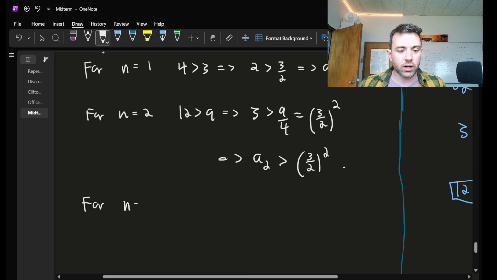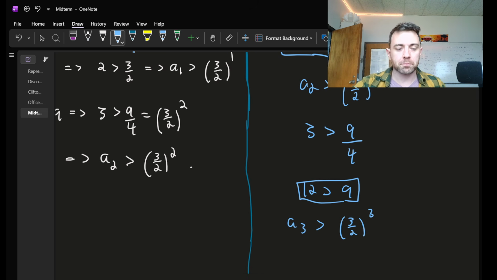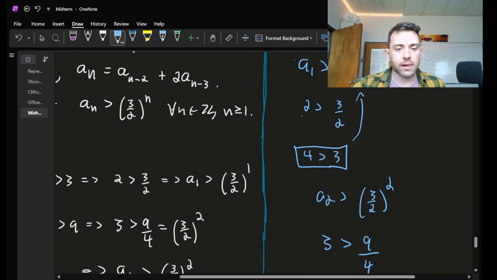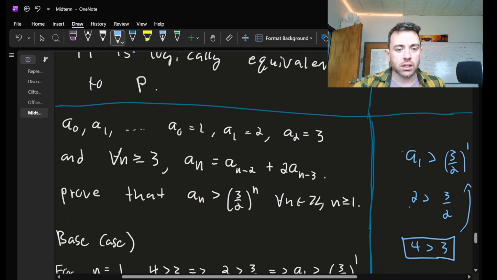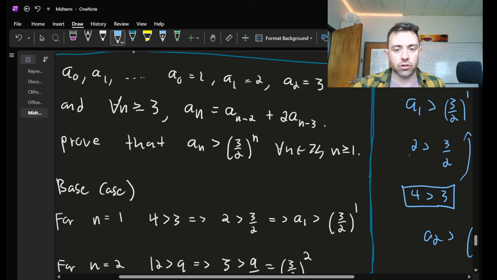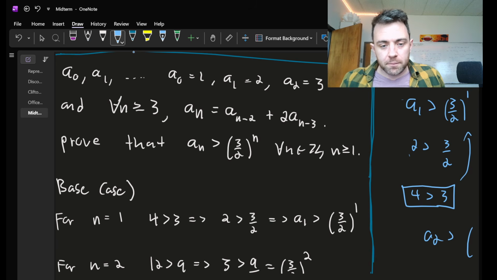So for n equals 3, and again, we're just going to work this thing backwards, right? We want a sub 3 to be bigger than 3 over 2 to the 3. a sub 3 we're going to need to work out using the recursion formula.